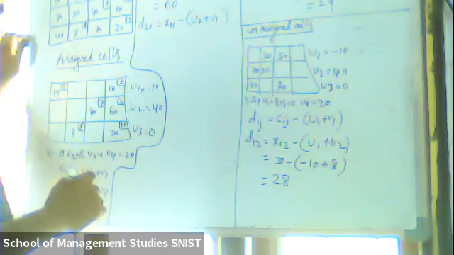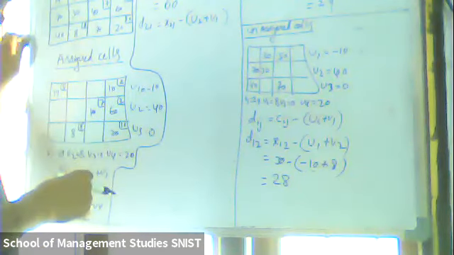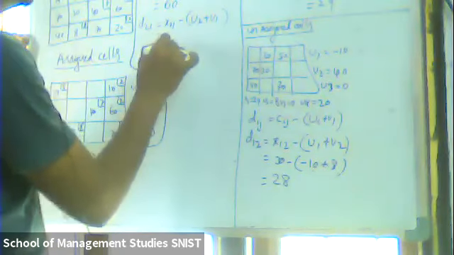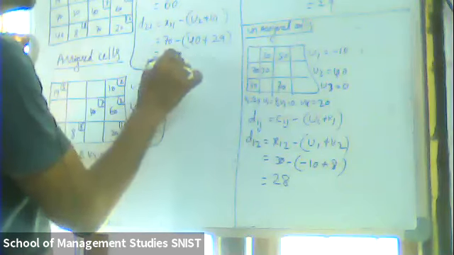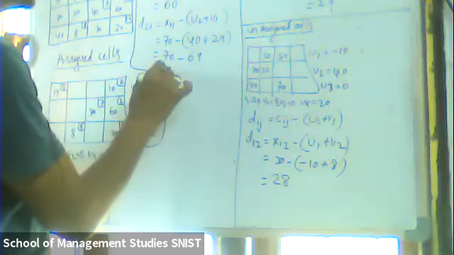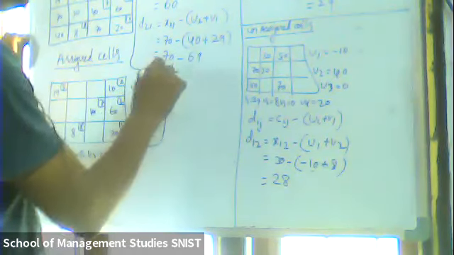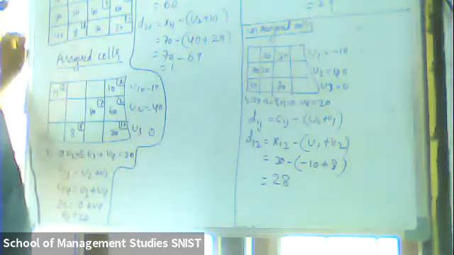The X21 value is 20. So 20 minus (40 plus 29), which is 20 minus 69, so it becomes minus 49. Is it clear?